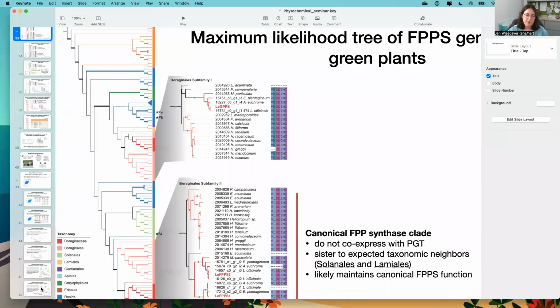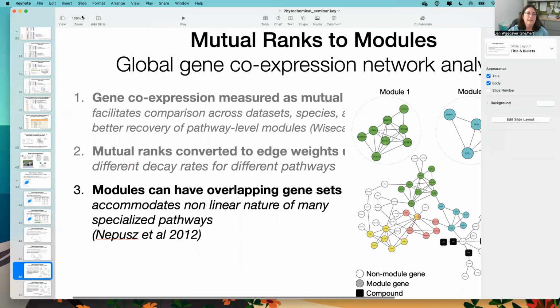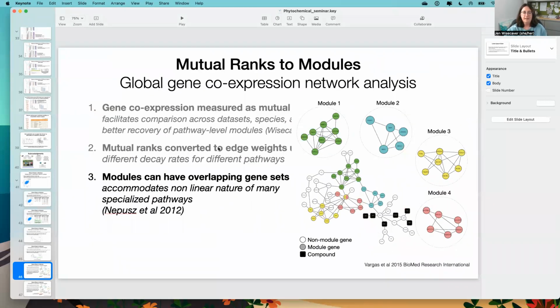What we did when we were designing our workflow is, because we're really only interested in specialized metabolism and we want those really tiny, discrete modules, we used a different type of module calling program. It's called Cluster One.